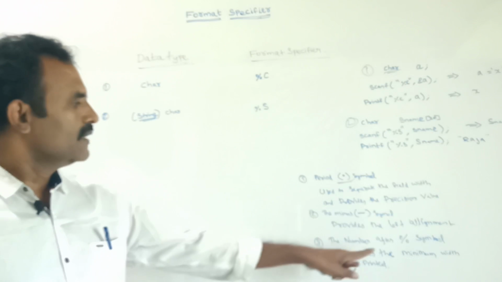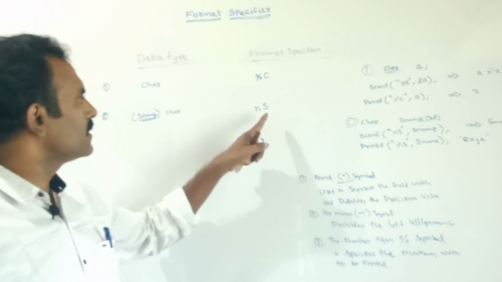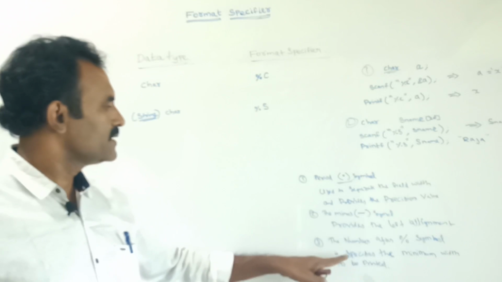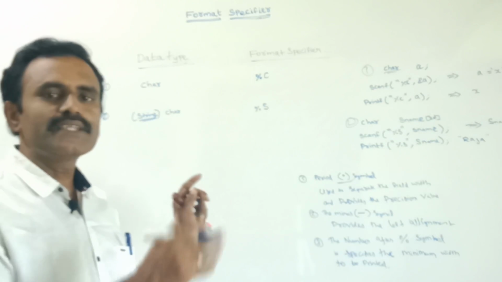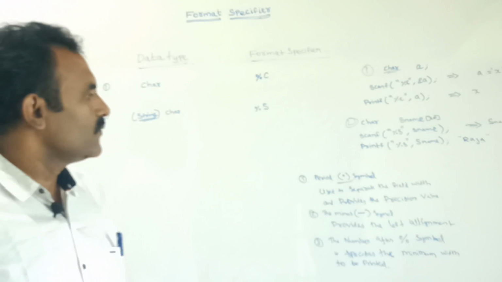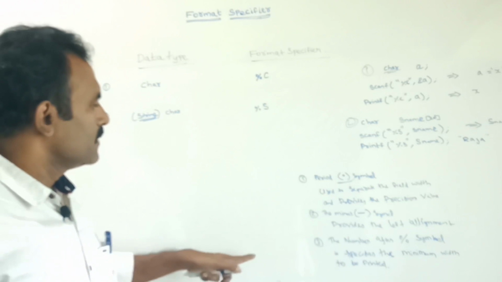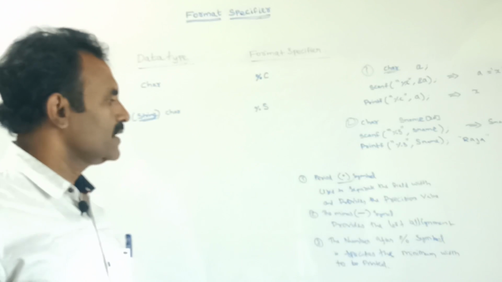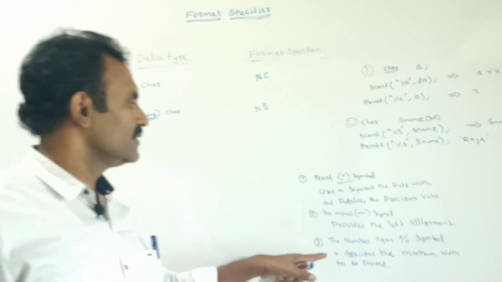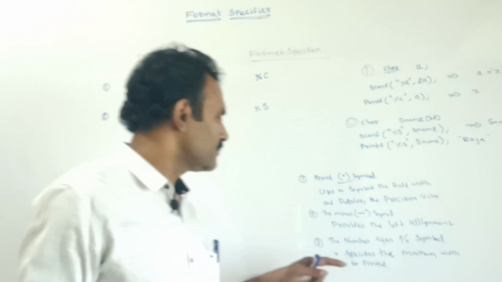Okay. After the percentage symbol, we can give the number. That number specifies the minimum width to be printed. Here let us see one by one. Let us take the third point. The number after the percentage symbol specifies the minimum width of the string that will be printed.